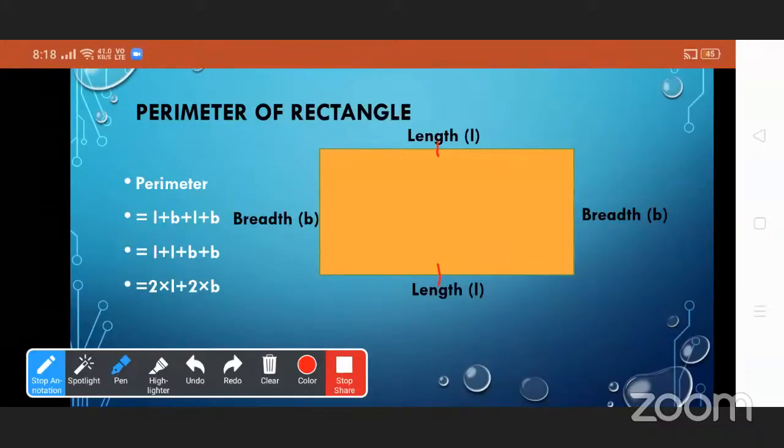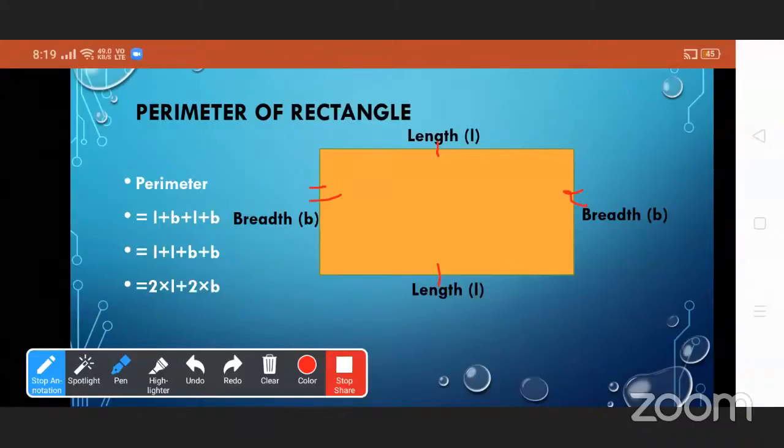And the breadths are also equal. Means the opposite sides are equal, na? So in a rectangle, the opposite sides are equal.